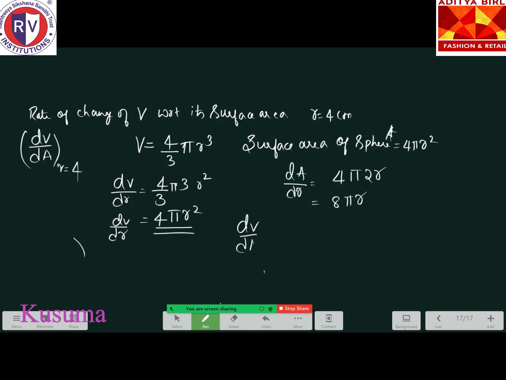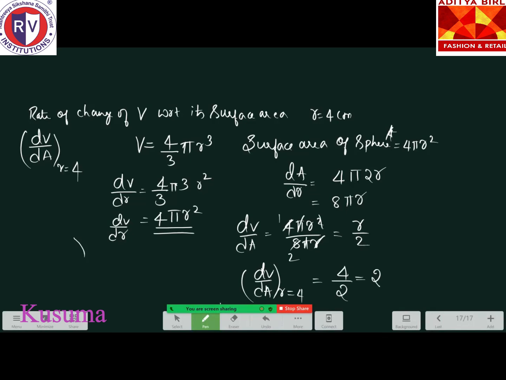So dV by dA will be 4 pi r square divided by 8 pi r, which is equal to r by 2, since pi cancels and 4 ones are 4, 4 twos are 8. But we need dV by dA at r is equal to 4. Put r is equal to 4 in this. This is 4 by 2, which is 2.